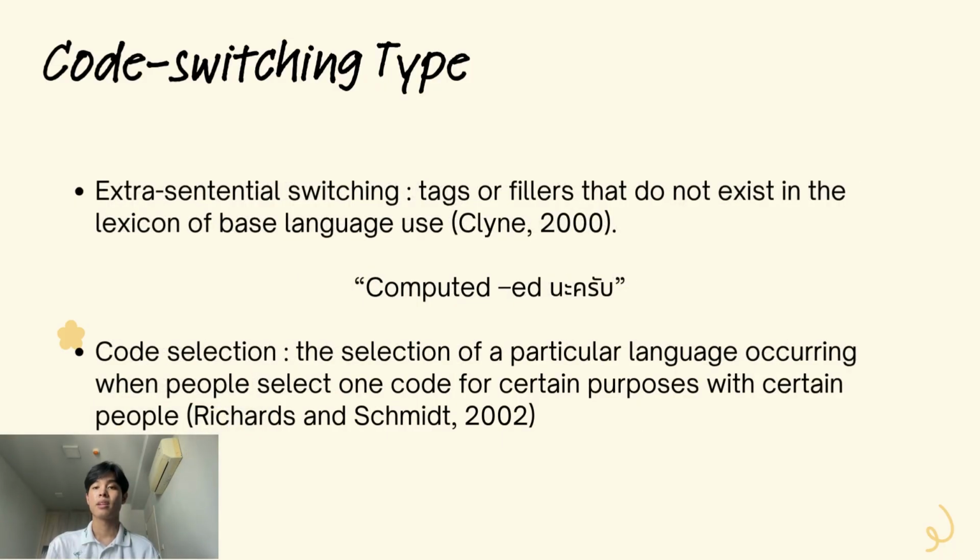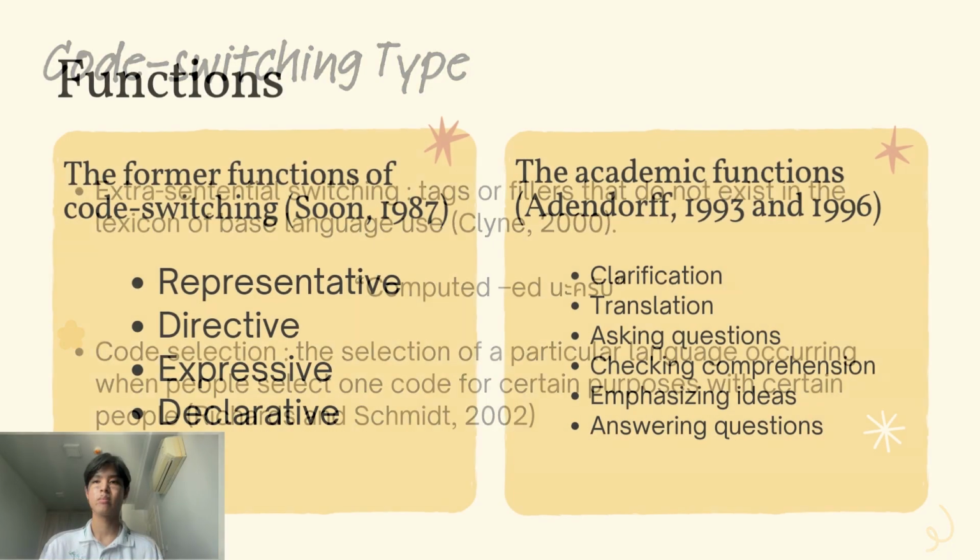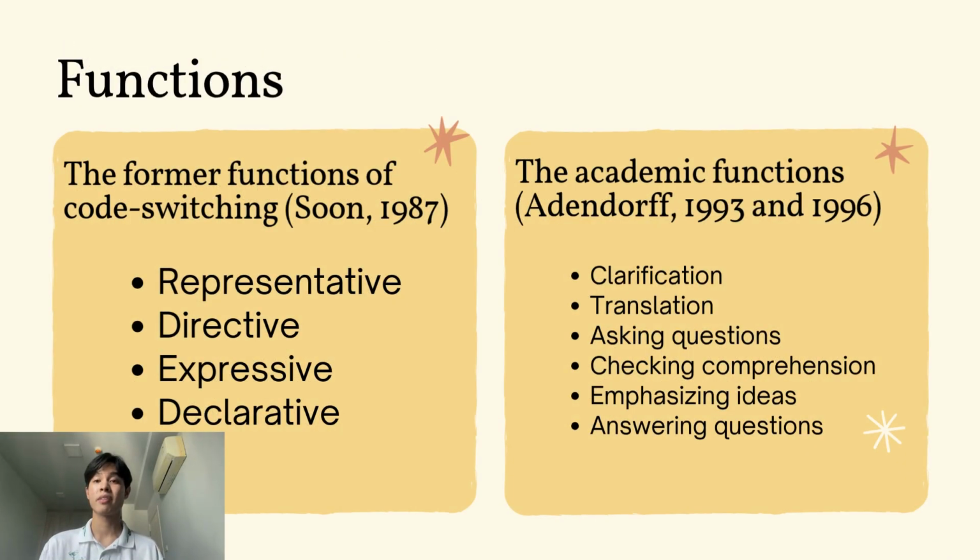Next, extra-sentential switching. It is tags or fillers that do not exist in the lexicon or base language used. Lastly, code selection. It is the selection of a particular language, occurring when people select one code for certain purposes with certain people.